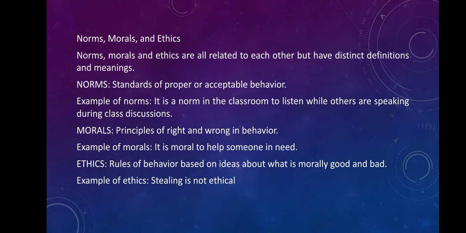Morals. The principles of right and wrong behavior are considered morals. The example here is, it is moral to help someone in need. Most of the time, parents tell moral stories to kids, mainly because they want their kids to be morally good. So we can say these morals are either self-developed or imposed by the society. It may be we ourselves learning what is right and wrong, or else the society telling us.